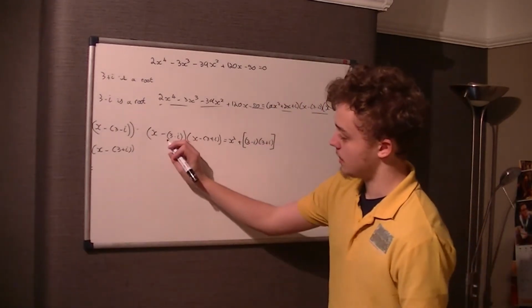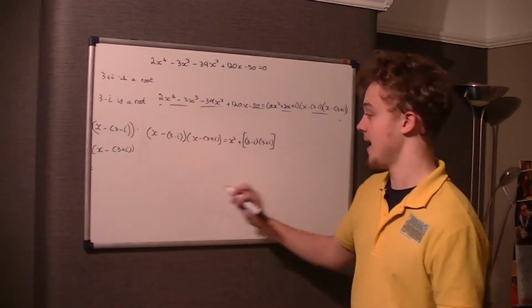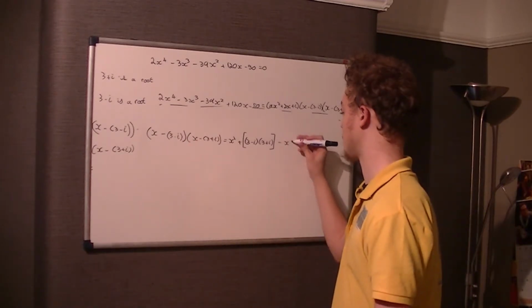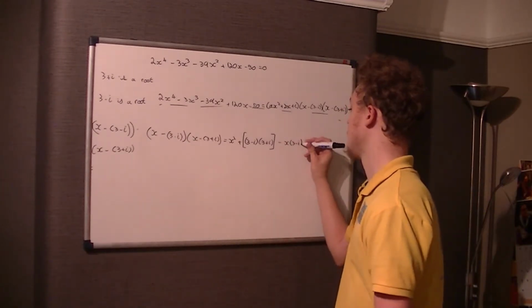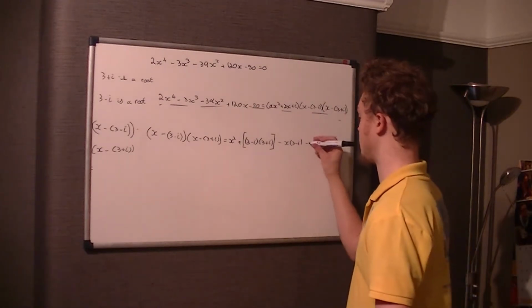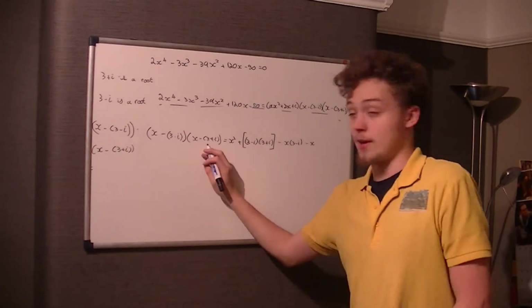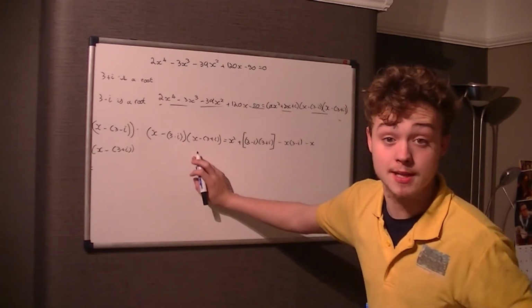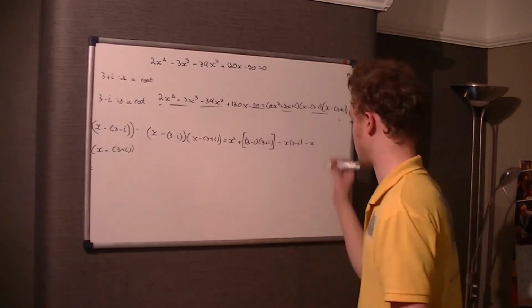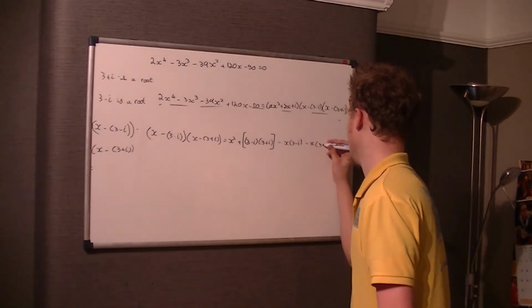And then it's negative, brackets 3 take i, times x, so it's take x brackets 3 plus 3 take i. Do the same for the other one, so it's negative x times, so it's negative 3 plus i, negative brackets 3 plus i times the x, which obviously gets you negative x brackets 3 plus i.